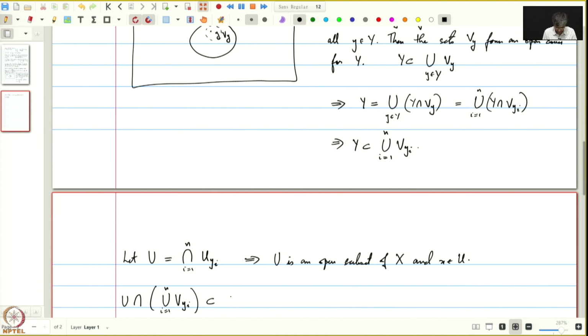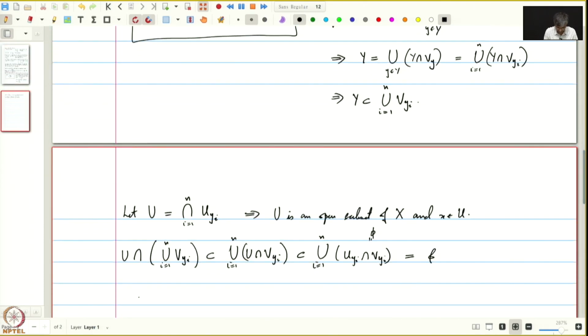So let's look at U intersected with the union over i equal to 1 to n of V sub y_i. This is contained in the union over i equal to 1 to n of U intersected V sub y_i, which is contained in the union of U sub y_i intersected V sub y_i, but each of these is empty, so this is equal to empty.